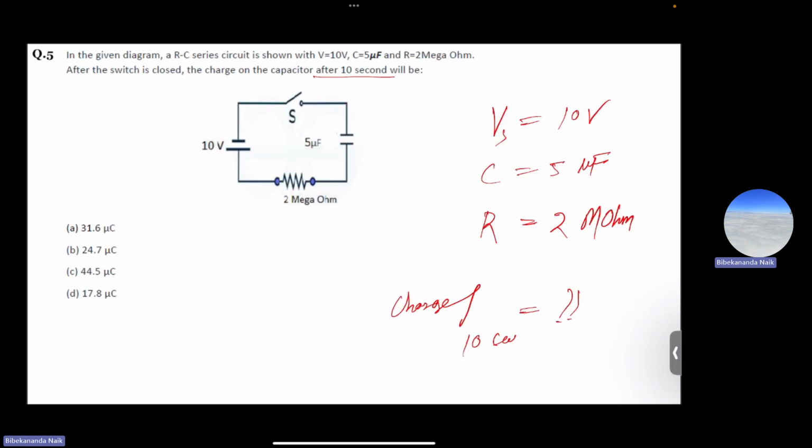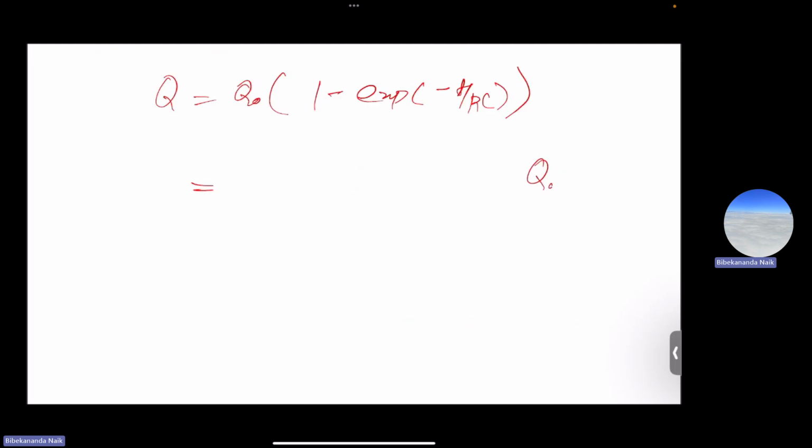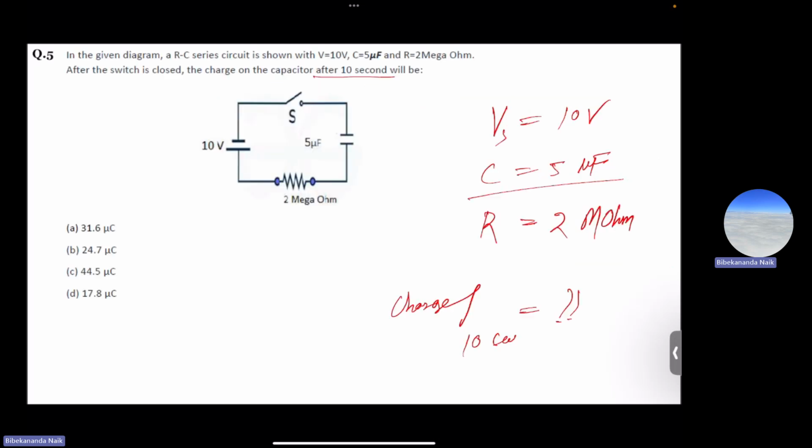It is the initial charge, Q0 is C into V, so 5 into 10, this is 50 microcoulomb, because the capacitance is 5 microfarad.